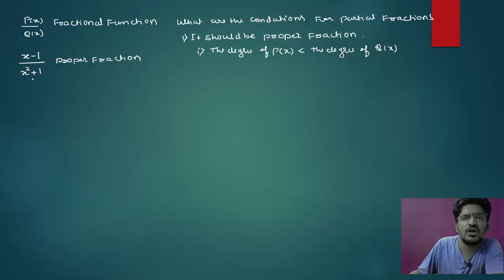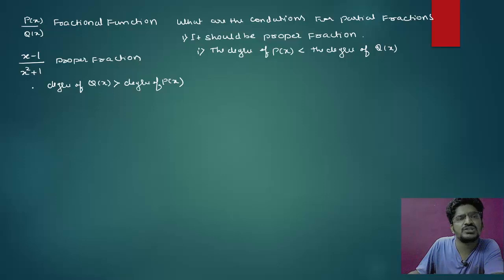So that is called degree. The degree of q of x is greater than the degree of p of x. Therefore this is a proper fraction and we can apply the partial fractions method for this.